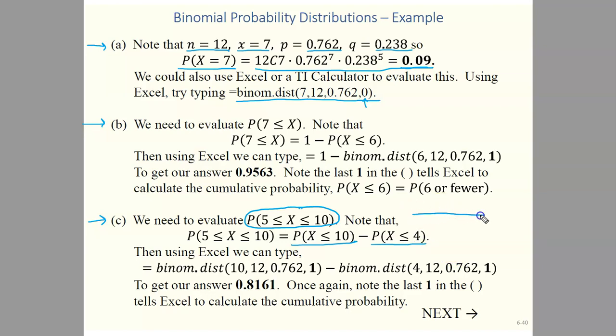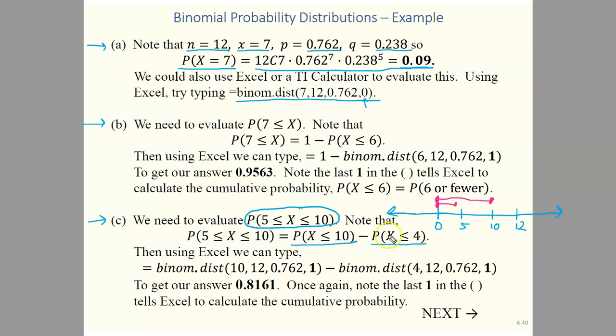You see, what we're doing here, think of it like this. Say this is 0, 5, 10, and then here we have 12. So the probability that X is less than or equal to 10 is this. It goes from 10 down to 0. And then the probability that X is less than or equal to 4 would go from here down to 0.